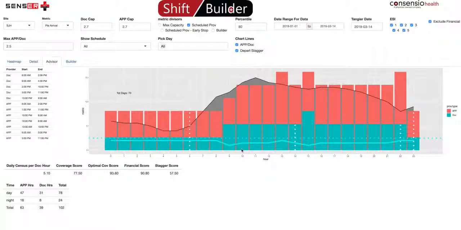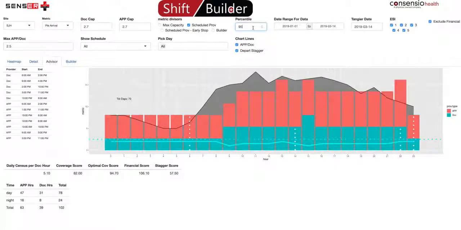So if we assume doctors can see 2.7 patients an hour, having 2 physicians in the department sets a maximum for the number of patients that could be seen. And once you combine both numbers, you can see where you are with respect to the 80th percentile that's going to be needed to see the patients. You can easily address other contingencies by changing the percentile here.